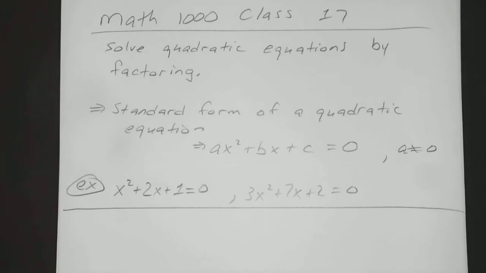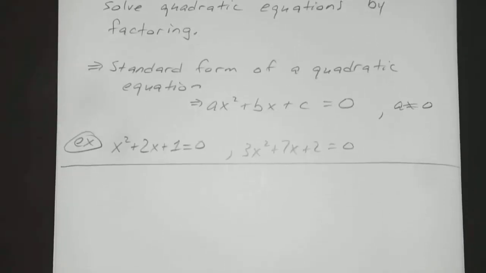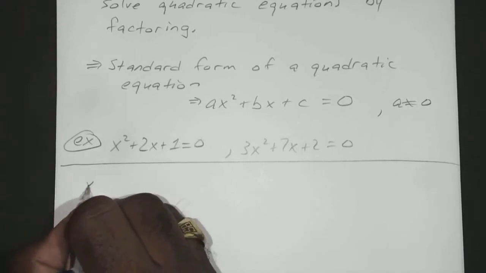Now the reason we want it in standard form is because it sets us up for our zero factor property.